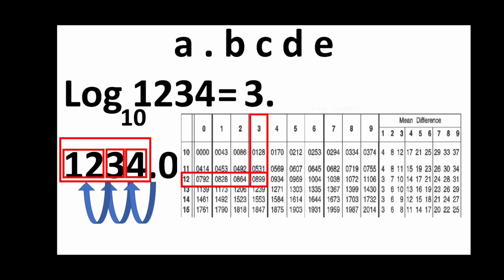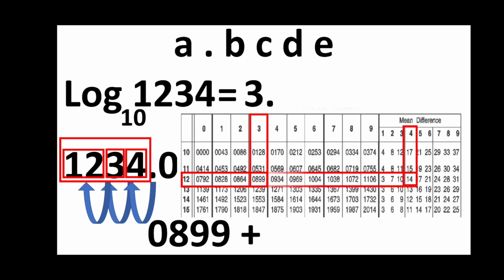Thus, we get 0899. Never write this as 899. Always write it as it is, in 4 digits. Next, in the mean difference column, look for 4, and here we get the value 14.